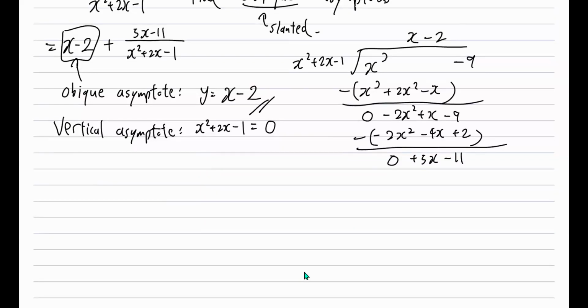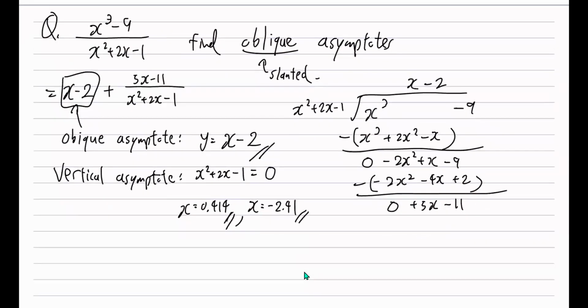Let's see. 1, 2, -1. Not so simple. So I'll just round off to 3 significant figures from the calculator. -2.41. Okay, these are two vertical asymptotes. So let me just draw the graph for you on the decimals and convince you.